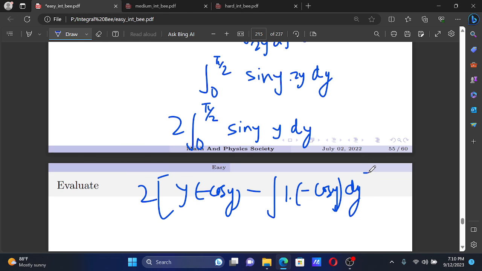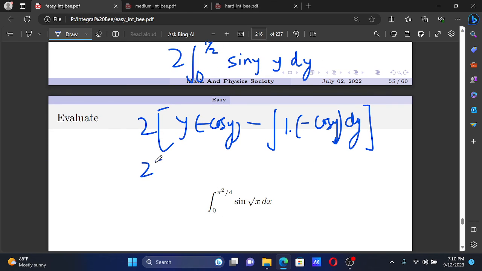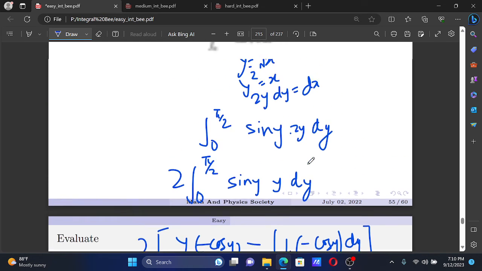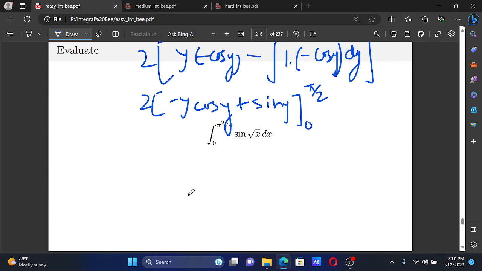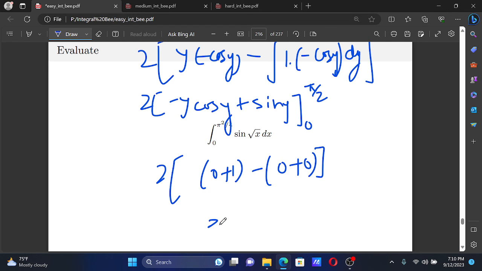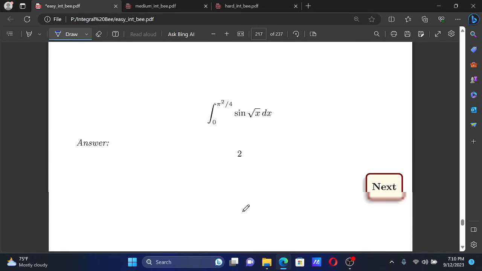Then we have 2 times minus y cos y plus sine y from 0 to pi by 2. Now let's evaluate this. It's 0 plus 1 minus 0 plus 0, so that's just 2 is the answer.